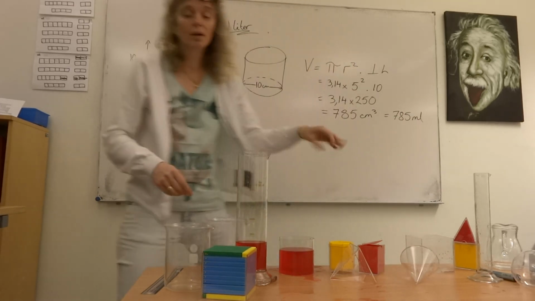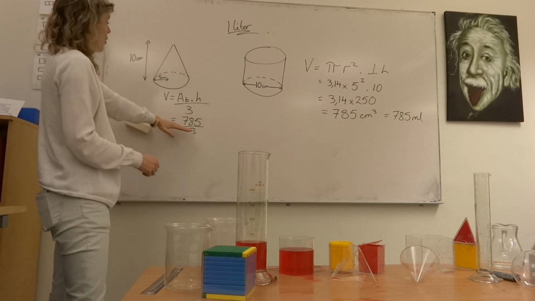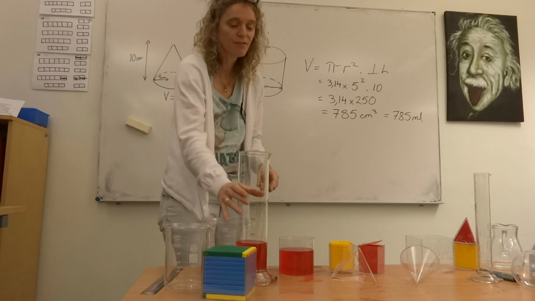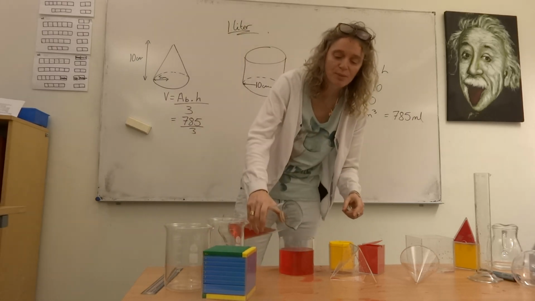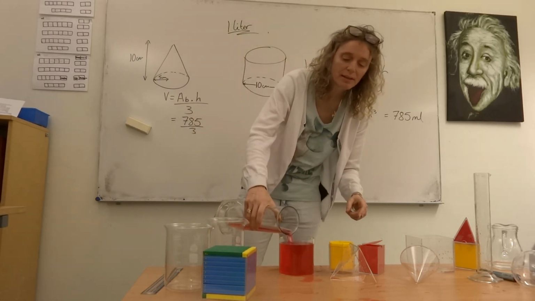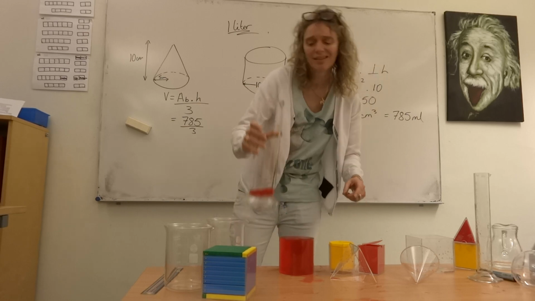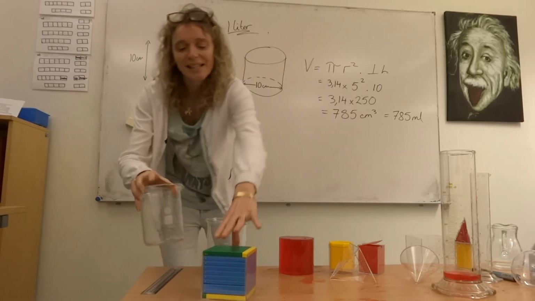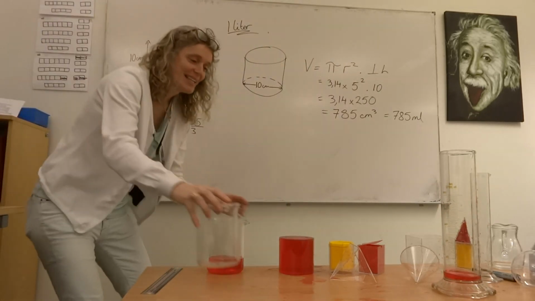Okay, so we did see that it was about a third of 785. Let's actually check that we get 785 by filling this up to the brim as best we can. I know I'm going to spill most of it. Let's make it a little bit easier. Take a step back, everybody.